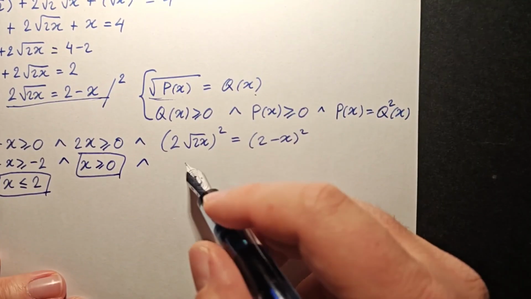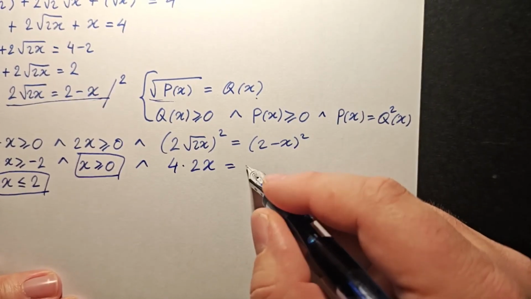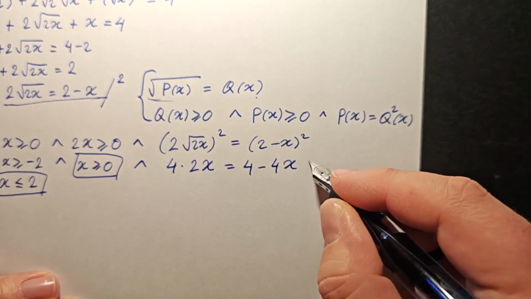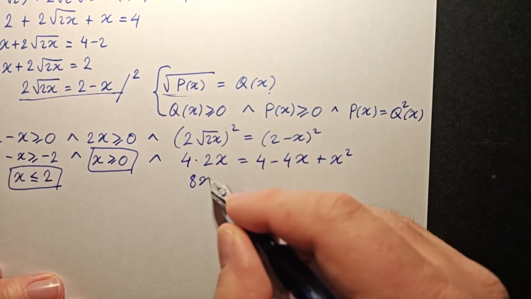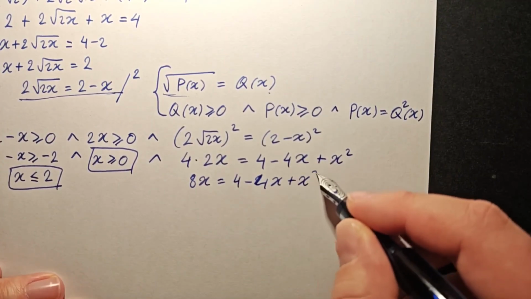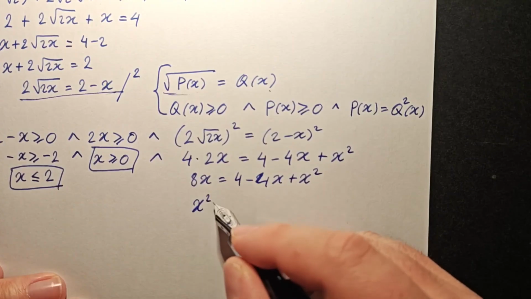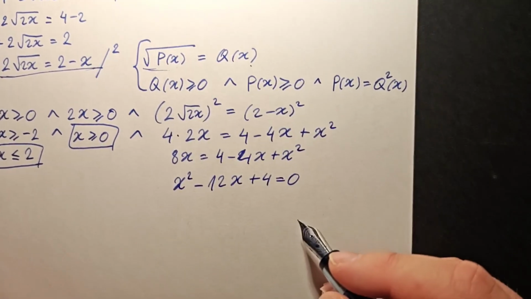And we have here 4 multiplied by 2x is equal to 4 minus 4x plus x squared. So we have 8x is equal to 4 minus 4x plus x squared, and that is x squared minus 12x plus 4 is equal to 0.